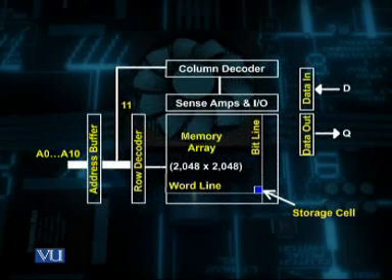Here, note that the storage cells of a DRAM are organized in array form, with the number of cells in each row and column equal to the square root of the total number of bits.